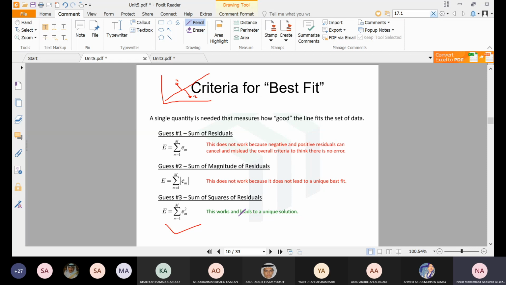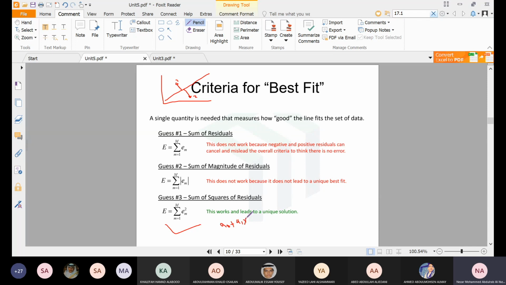Okay, and the sum of the squares of the errors is a function of two fitting parameters. You will see this one. So this is a sum. The sum of the square of the errors is a function of two fitting parameters, A0 in our equation, A0 plus A1 multiplied by x. So by minimizing this error, we need to find the coefficients A0 and A1.